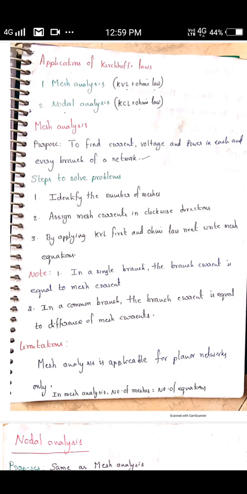Next, step 2, we have to assign the mesh currents in clockwise direction. Each and every mesh current we have to represent. And the third step is, by applying KVL first and Ohm's law next, we have to write mesh equations. After writing the mesh equations, we have to solve them to calculate each and every mesh current.